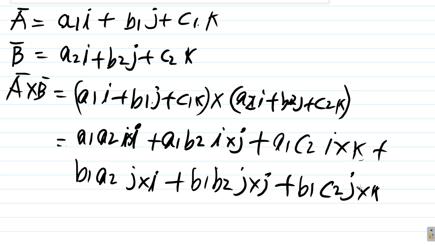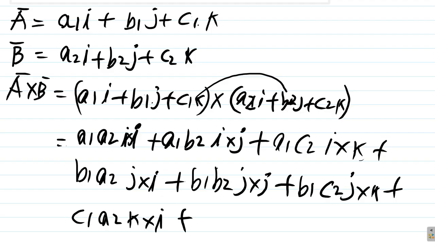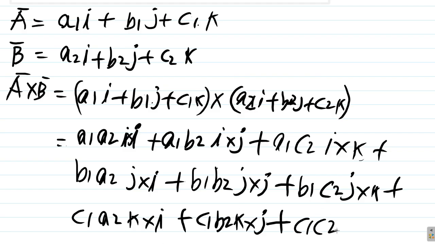Alright, plus, C1, k's time now: C1, A2, k cross i, plus C1, B2, k cross j, plus C1, C2, k cross k.